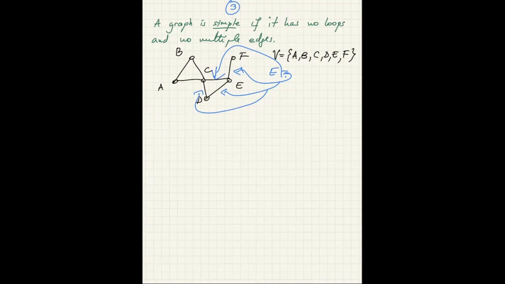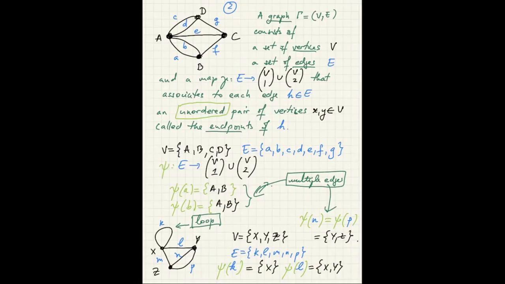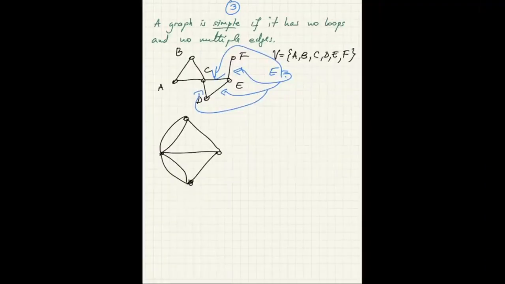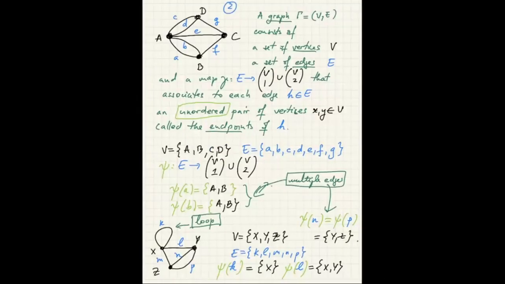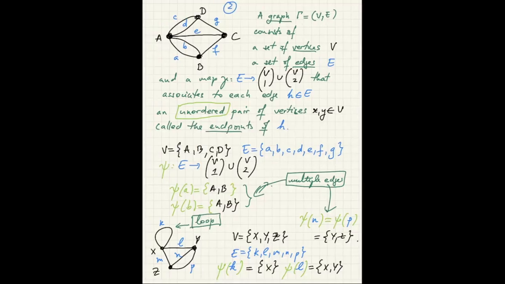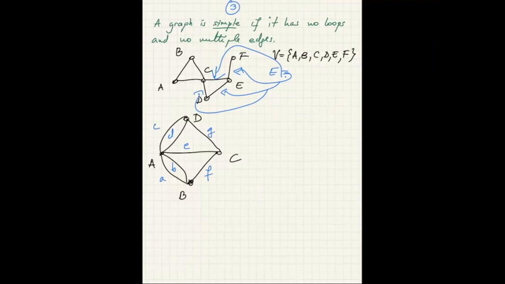All right. Now, before we prove some results, let's look at our example with the bridges. So in this one, we have A, B, C, D, and then we have the edges A, B, C, D, E, F, and G. So let's look at this example, and we can interpret it in a different way.